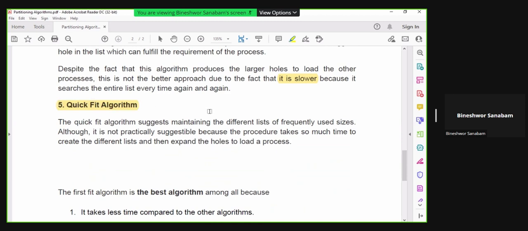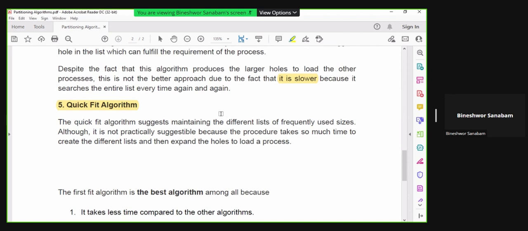Then we have the quick fit algorithm. In this quick fit algorithm, we have to maintain two different linked lists. We maintain another linked list for the frequently used sizes of partitions.